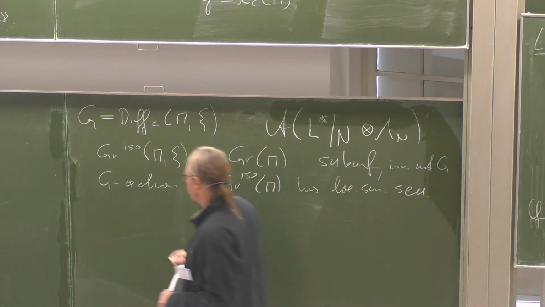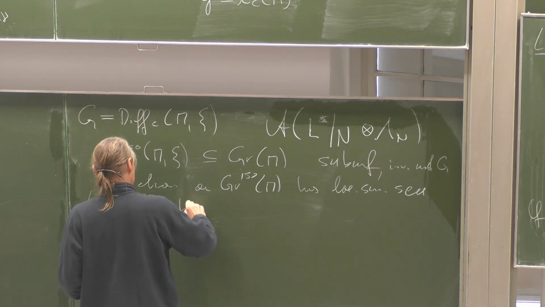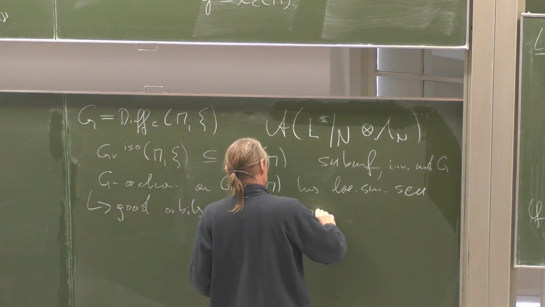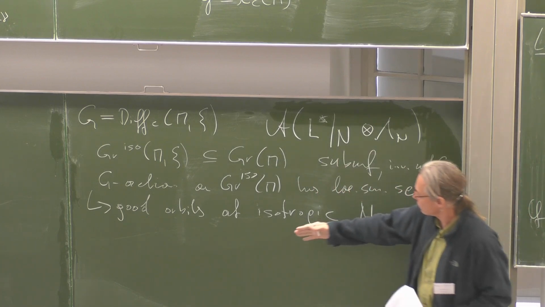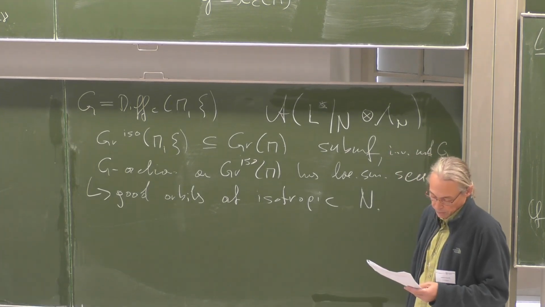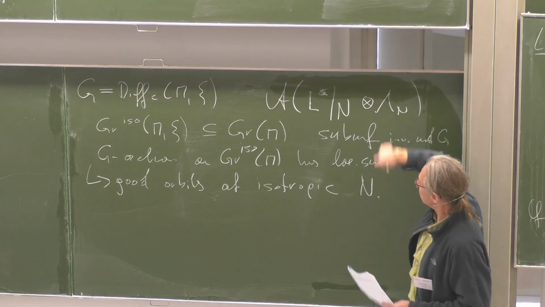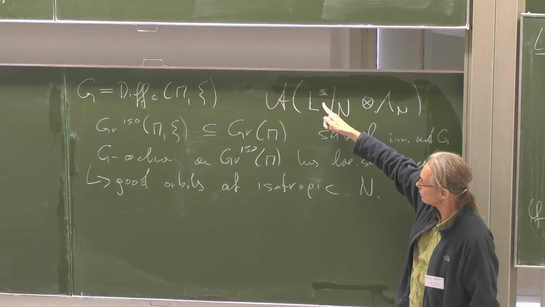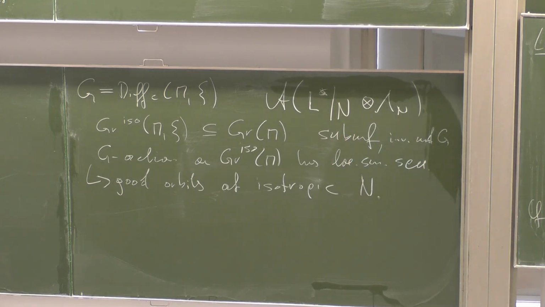So that means that we have good orbits at isotropic, again, because they're open here, and this is a nice submanifold. We cannot expect that the orbits of the augmentation will be nice in general, just as we couldn't expect it here.